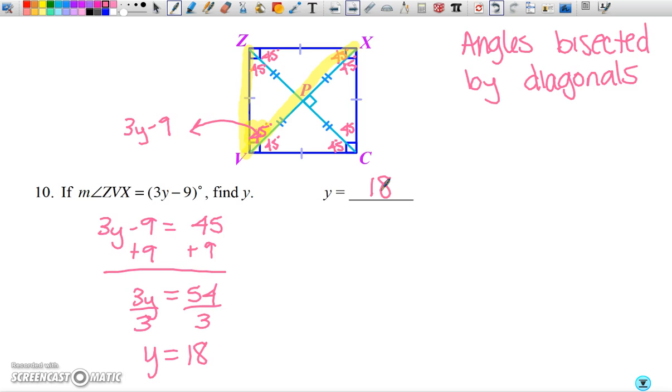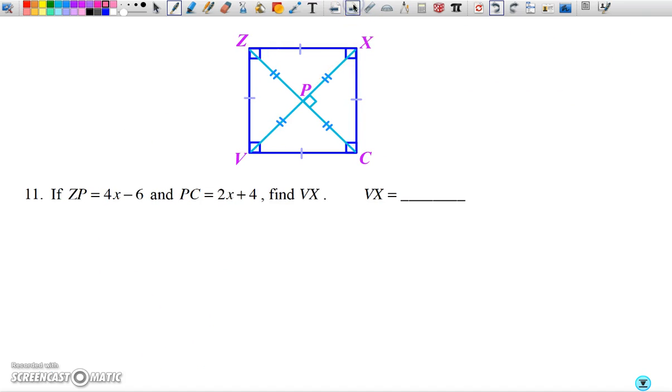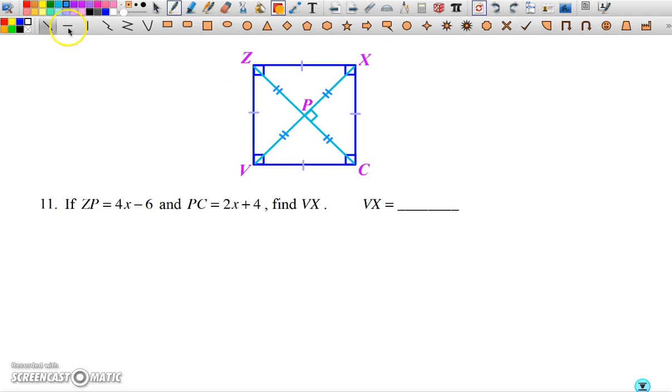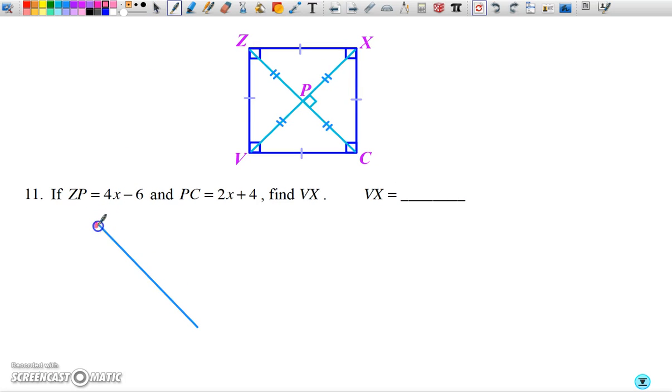All right, now in the next problem, we have information about our diagonals. So let's go ahead and move on to there. All right, so this one, ZP is 4x minus 6, so that's here, and then PC is 2x plus 4. So I'm going to pull this out of the picture and just redraw it and label it with what I need. So ZPC. The diagonals are congruent to one another and they bisect each other.